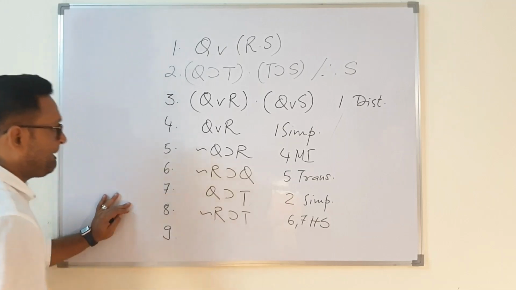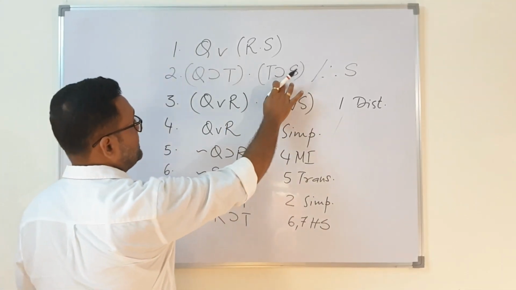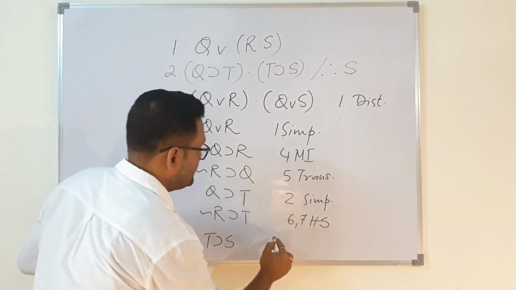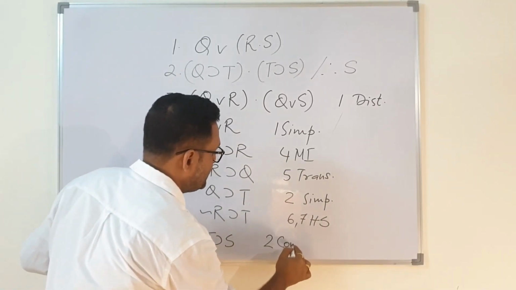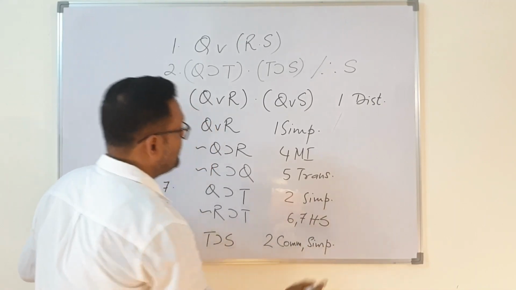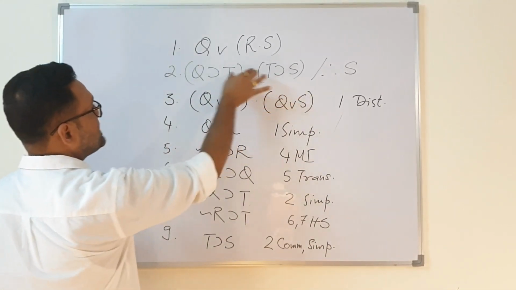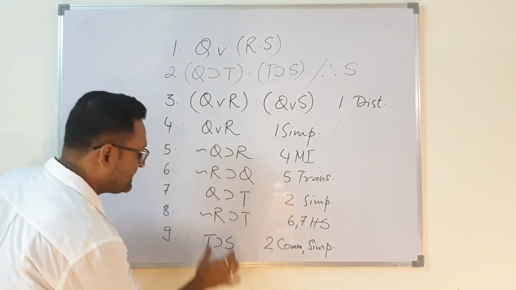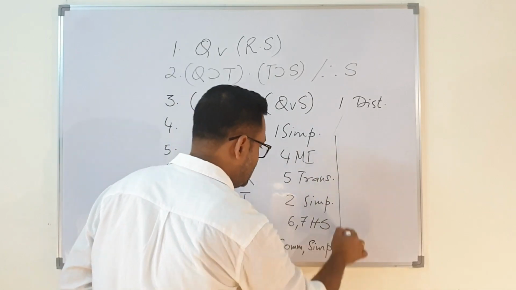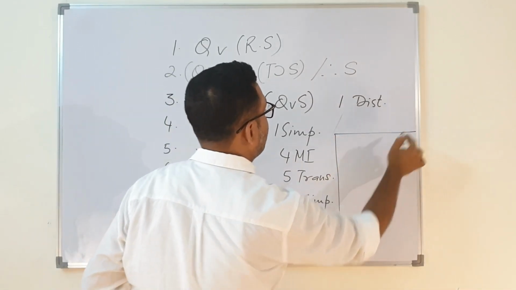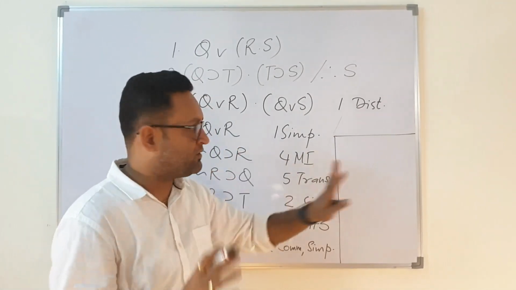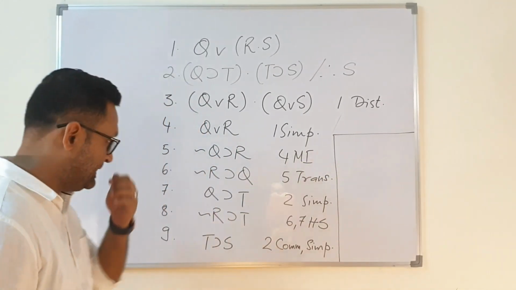So 9. I will simplify this. So T implies S. I will write it as 2 commutation, then simplification. Because first I need to commute this, I will get it on the left hand side, and after that I will simplify. So in order to not break any rule, I am doing this. Fine. I may write a little smaller here, but you will get it.